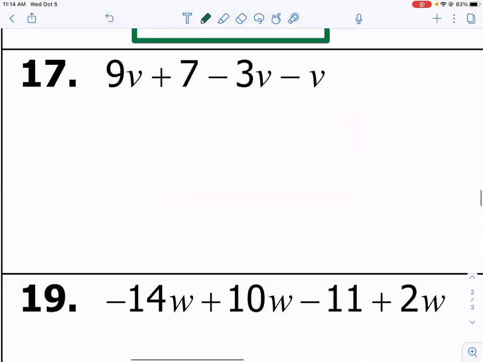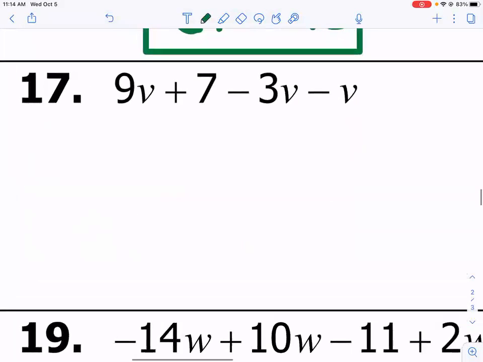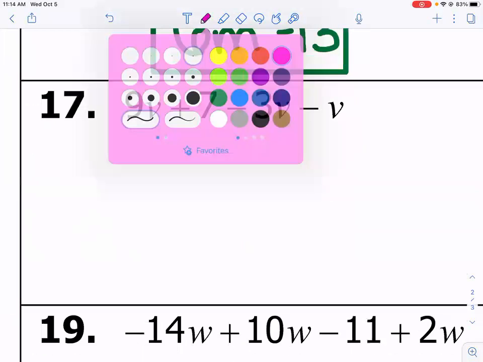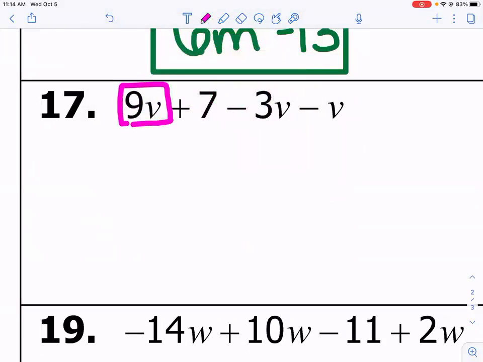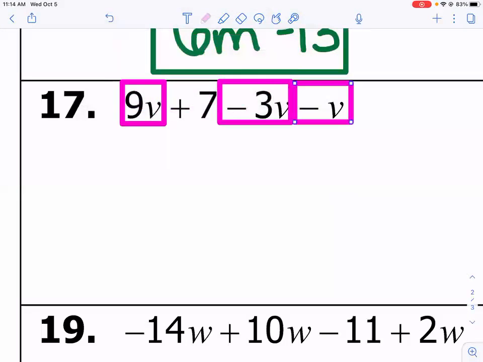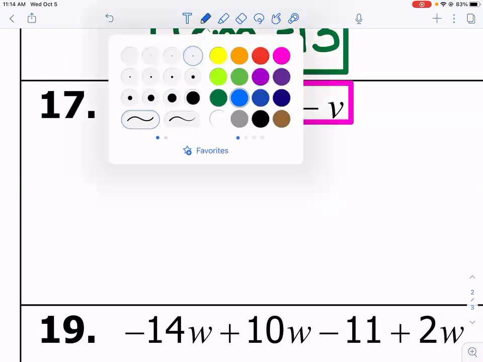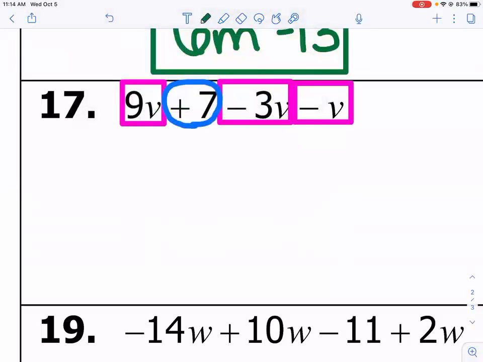All right, let's look at number 17. I'm going to rearrange this to 9v minus 3v minus v plus 7.